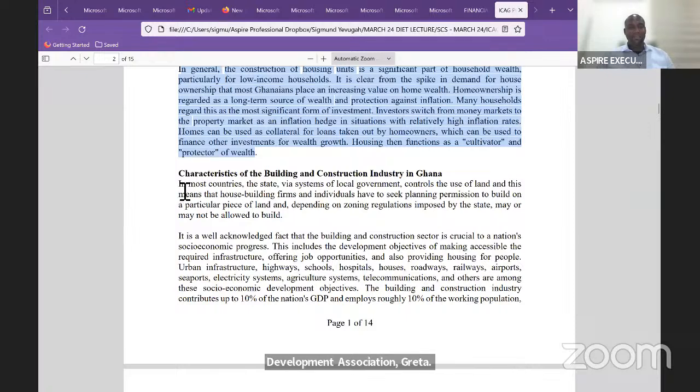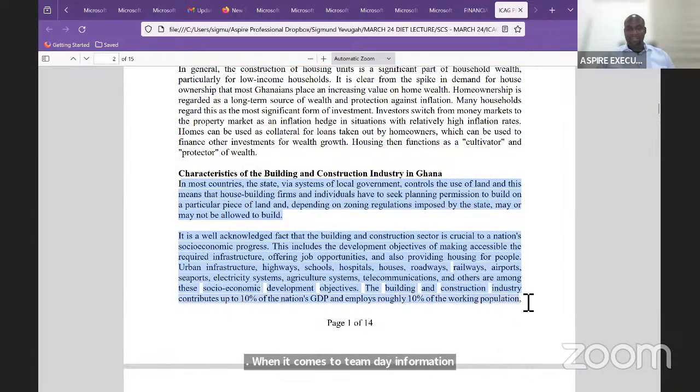Quite surprising when it comes to putting the information together. That would have been significant information, and as far as I'm concerned, it should have been a very major issue put in there to highlight the essence of that particular association. In most countries, the state, via the system of local government, controls the use of land.